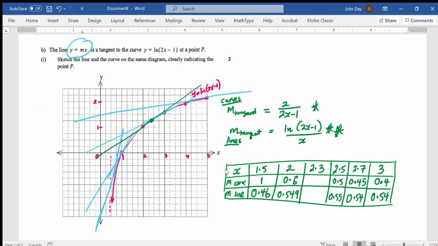That's 2 on 3.6. That's 0.55, and natural log of 3.6 divided by 2.3, 0.55. Okay, so I can see they're both the same when x equals 2.3.